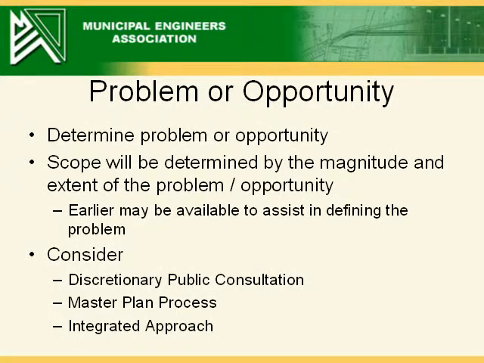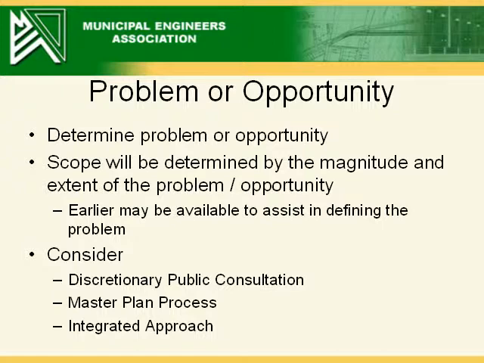The proponent is responsible for determining the appropriate scope of its Class EA, including the determination of the problem or opportunity to be addressed by the MCEA. The scope of the EA will be determined by the magnitude and extent of a problem. Earlier studies or review may be available to assist in defining the problem.